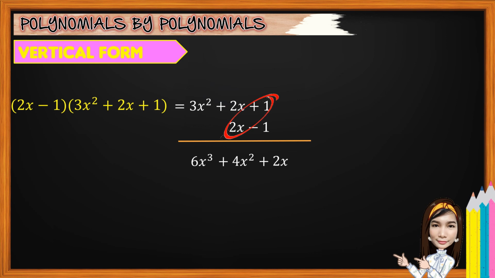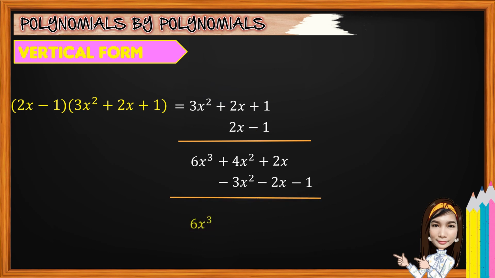Now let's proceed on the second term of the binomial. Multiply negative 1 times the first term 3x squared is equal to negative 3x squared. Now again, we align the similar terms. Then multiply negative 1 times the second term 2x. So we have negative 2x. Then multiply negative 1 on the third term, positive 1, we have negative 1. Then proceed on addition.